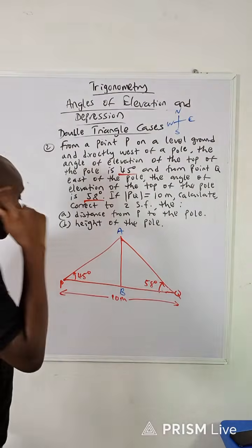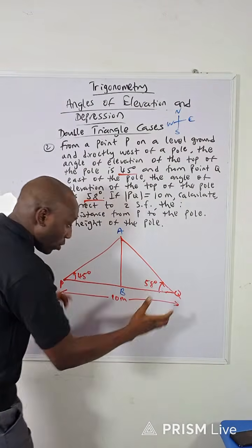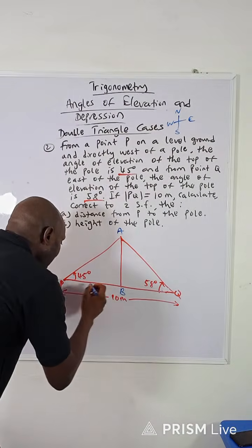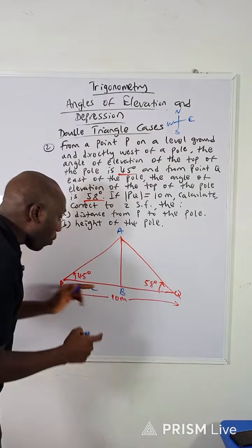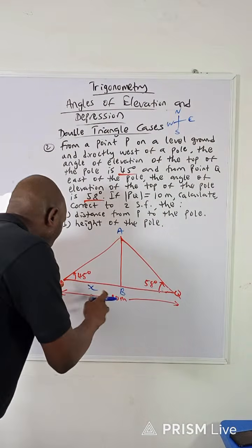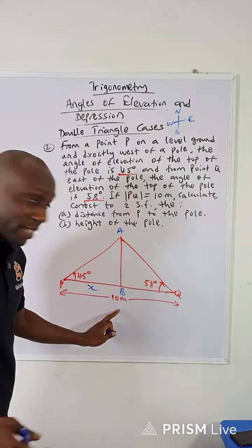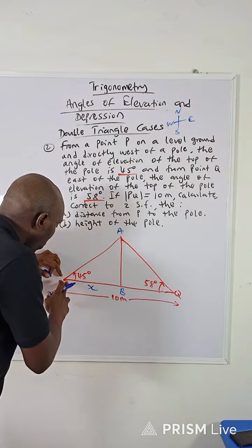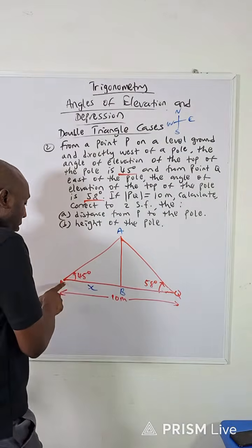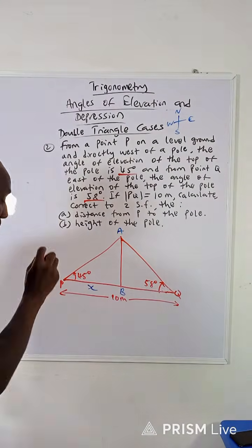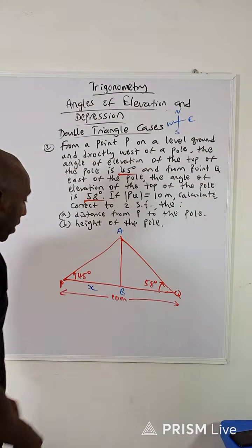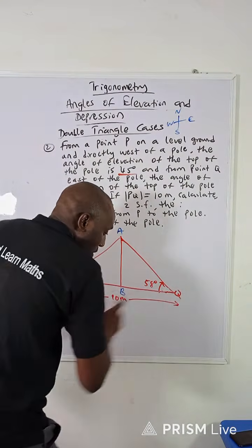Okay, let me help you out. This 10 meters was given to us for a reason. If I decide to call PB X, what will I call BQ? We know that from P to Q is 10 meters, but we want to get PB, the distance from point P to where the pole is on the ground.